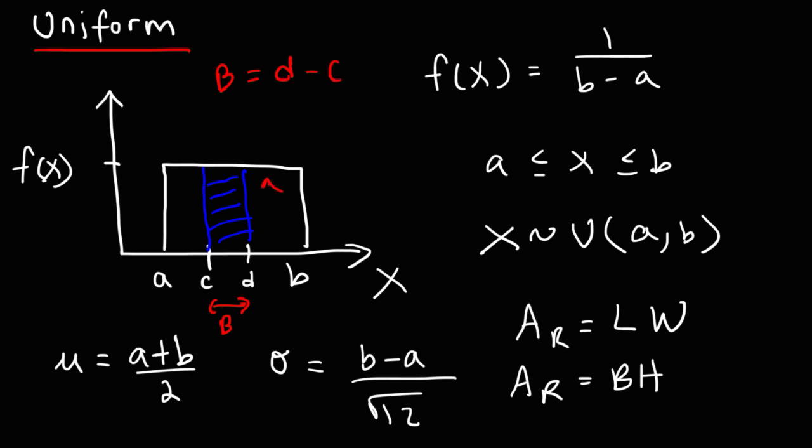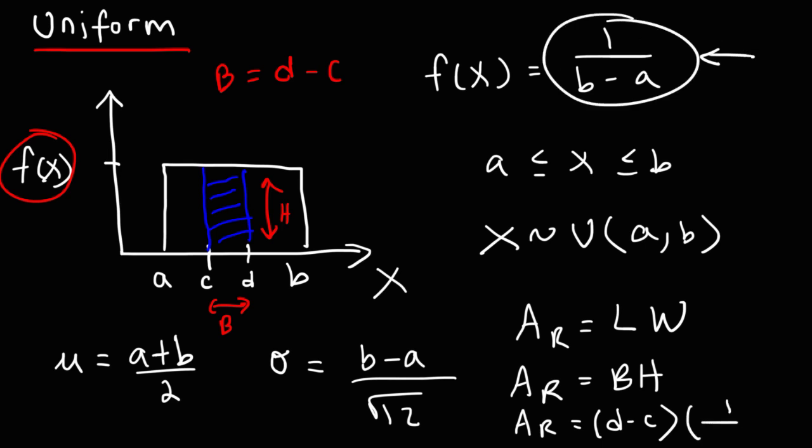The height is simply f of x. So the area of that region is going to be the base, which is d minus c, times the height, which is f of x, or 1 over b minus a. So it becomes d minus c divided by b minus a. So those are some things that you need to know when dealing with the uniform distribution.